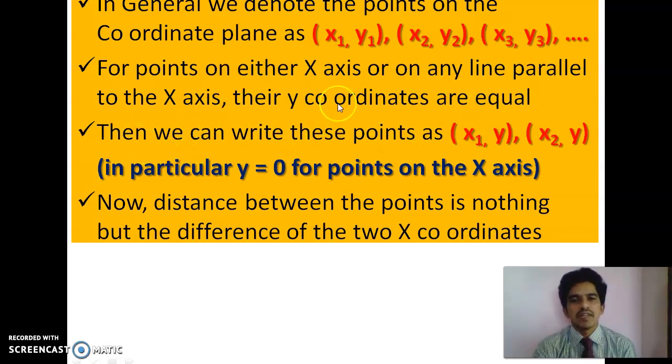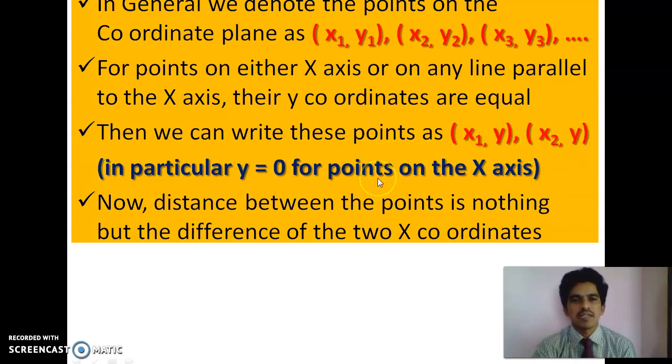So when their y coordinates are equal, instead of writing the points as x1 y1 and x2 y2, as the y coordinates are equal, we need not write suffixes like y1, y2, y3 as they are already equal. We can just write y, that's enough. So here you can write x1 y, x2 y, because their y coordinates are already equal. If both the points are on the x-axis in particular, y's are already 0. So you can write x1 0, x2 0 here.